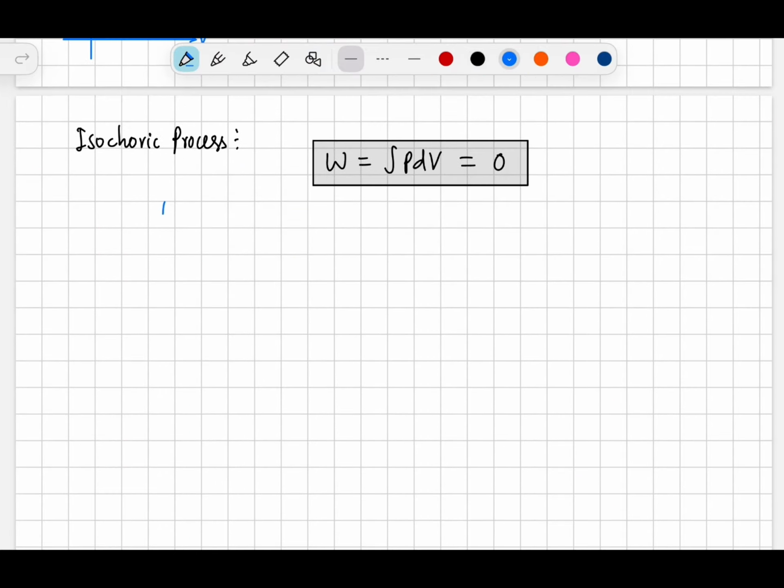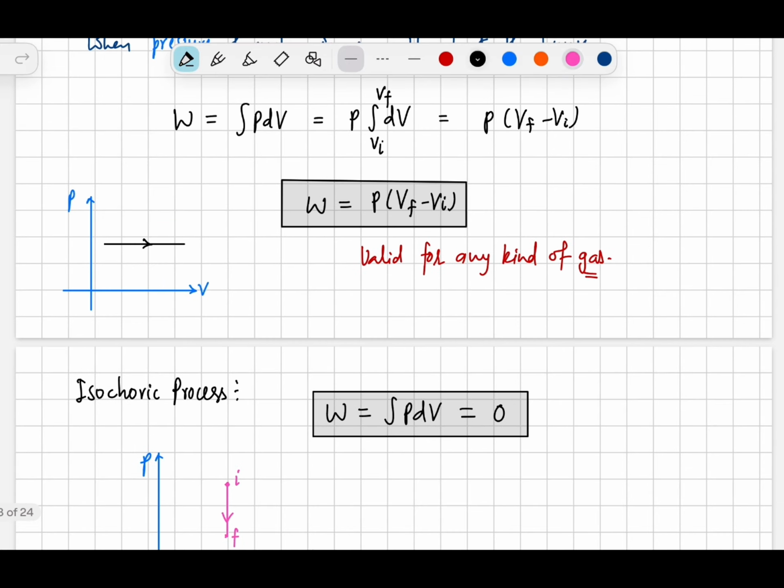What about the isochoric process? Remember I am just drawing PV, it can be TV, TP, anything, then according to that you can make the graph, this kind of graph. So I am going from initial position to final position in this way. Here also I am going from initial position to final position in this way.